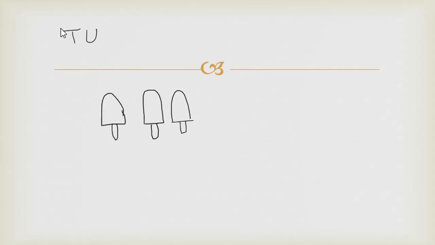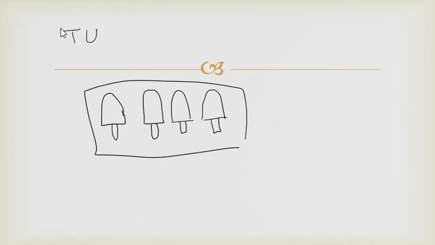So 4 ice creams we have considered here, and all 4 are identical by nature. Now, to express the utility, we will use a unit, the measurement of utility, which we call the util. We learned that earlier in the previous classes.